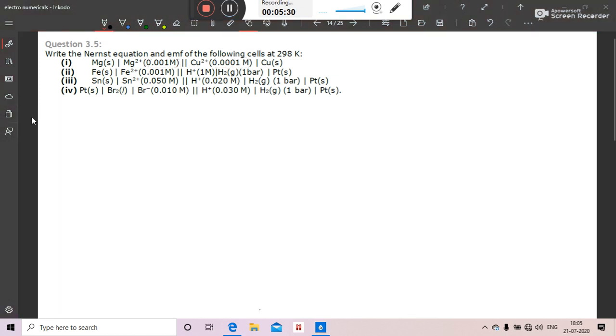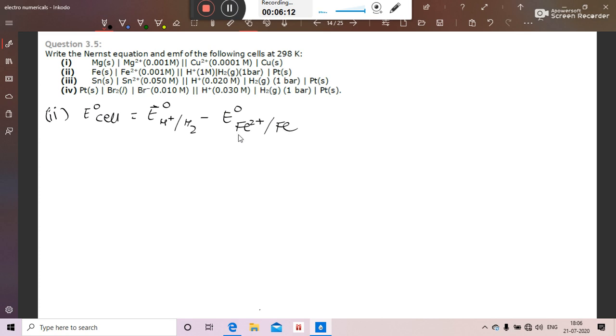Now the second question is Fe/Fe2+, salt bridge, H+/H2/platinum. For the second one we have to find out the Nernst equation and EMF of the cell. The same method we have to use. First of all we have to find out E naught cell. E naught cell equals the standard reduction potential of the cathode. The cathode is the hydrogen half cell, so H+/H2, minus the standard reduction potential of the anode, E naught of Fe2+/Fe.